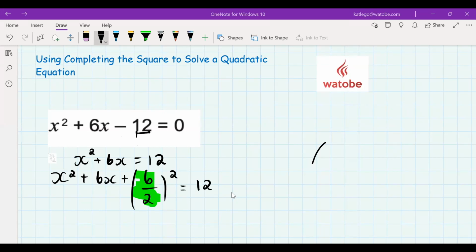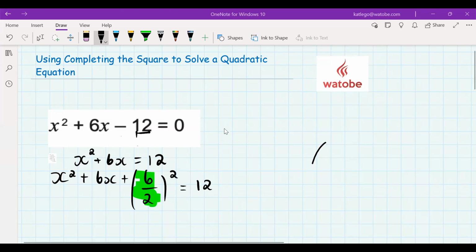Remember, we use this formula when making 2 brackets is a little bit difficult. It's sort of like a foolproof formula that you can use if you're confused about making your 2 brackets. Why do you divide by 2 and square it? That is how you complete the square.